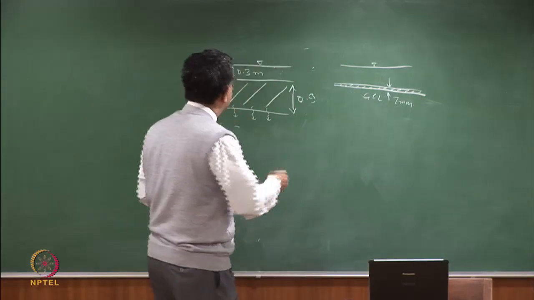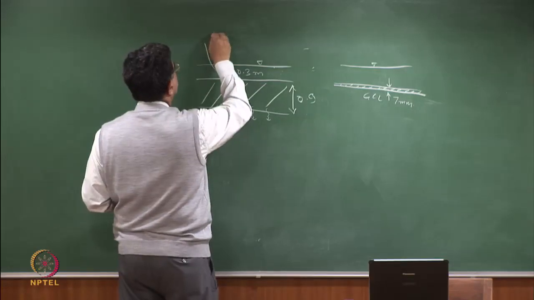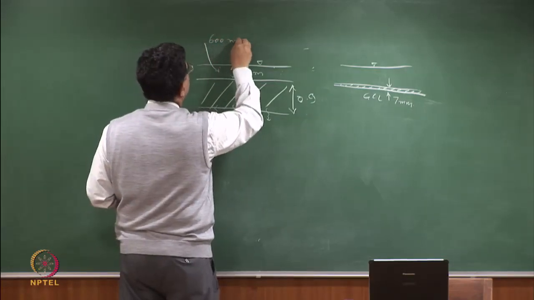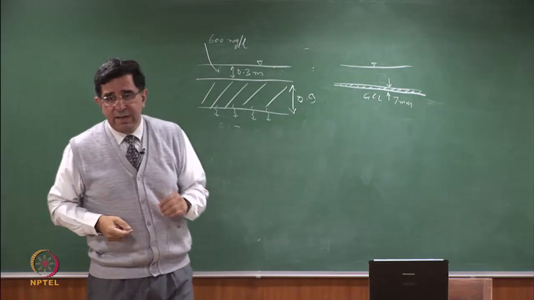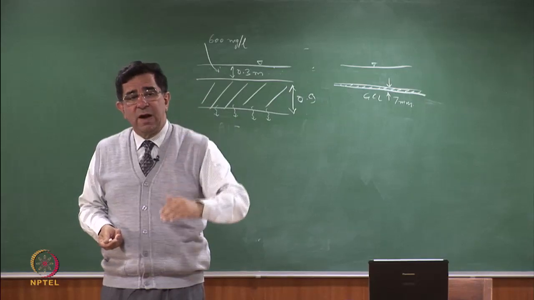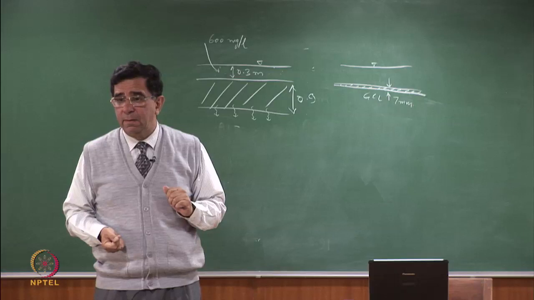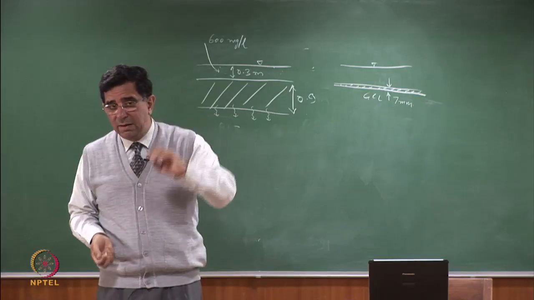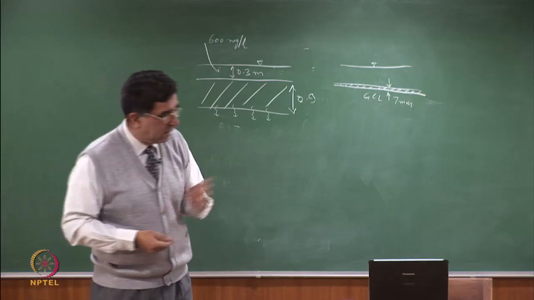We are saying that this leachate has 600 milligram per liter of chlorides, of chloride ions. So we want to know how much chlorides will come out of the compacted clay liner and how much chlorides will come out of the GCL, and compare the two.